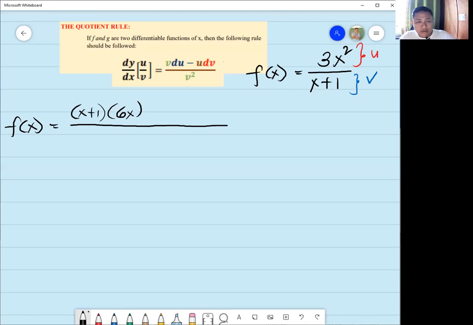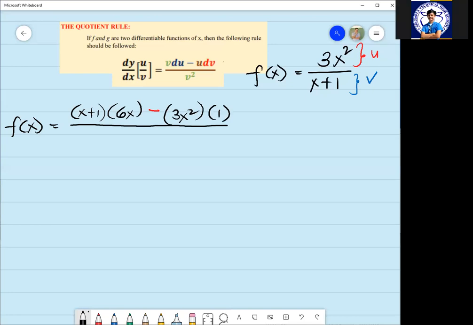Minus, I'll change the color of my operations so they are separate. Minus u, I'll copy u, that is 3x squared. And then get the derivative of v. The derivative of x is 1, and the derivative of 1 is 0. That's just 1 times 1. Can you follow?